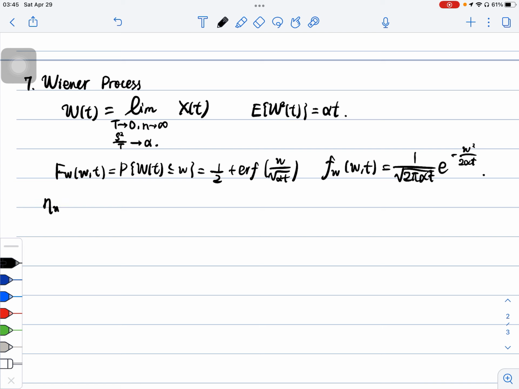Similarly, the mean value is 0, and the autocorrelation is alpha times the minimum value between T1 and T2.